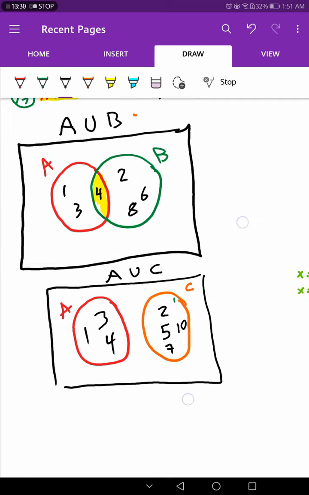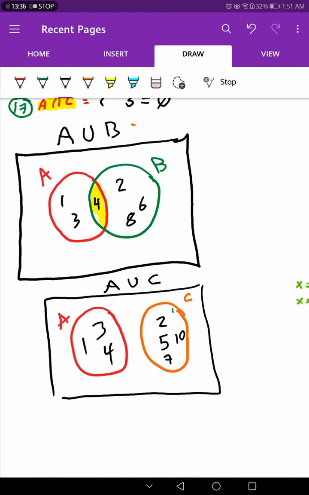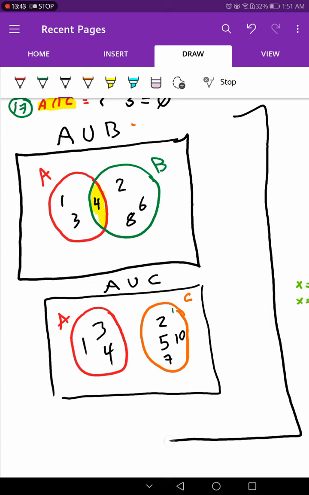Are you happy? I hope so. So I introduced for you briefly Venn diagram. Okay, and we call A and C disjoint sets.